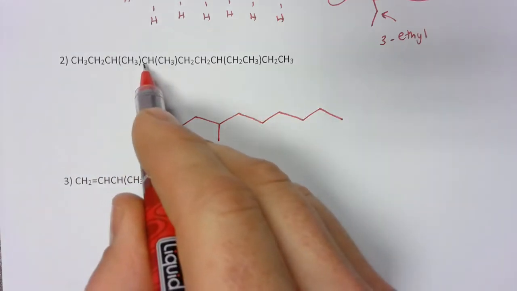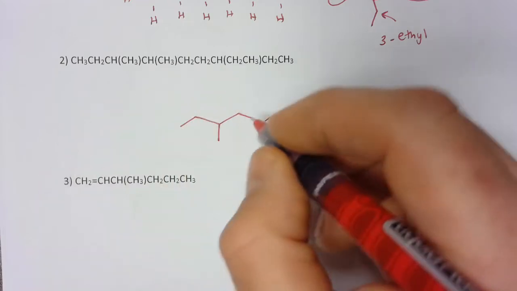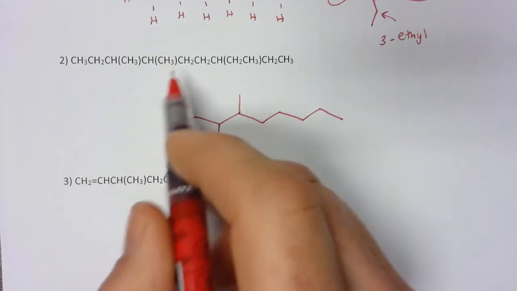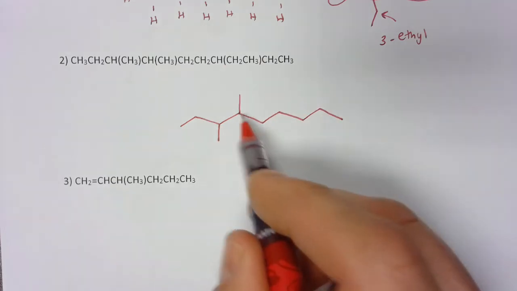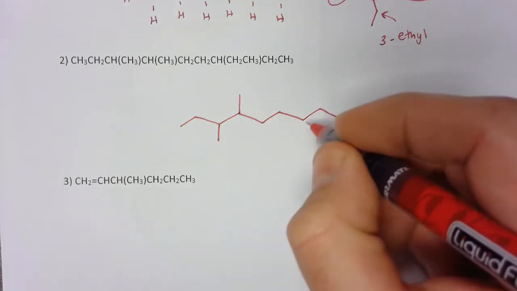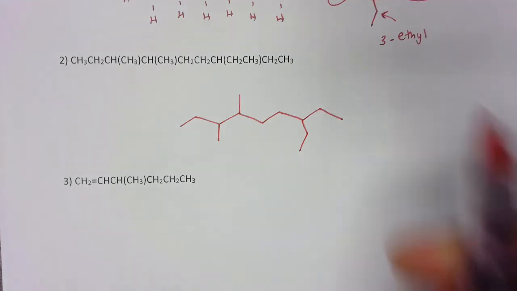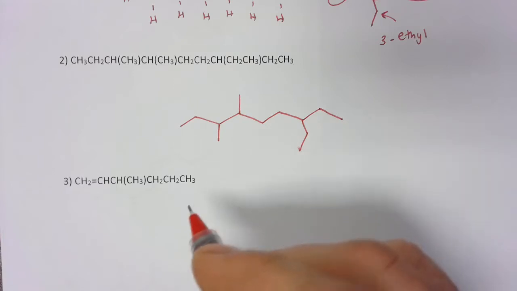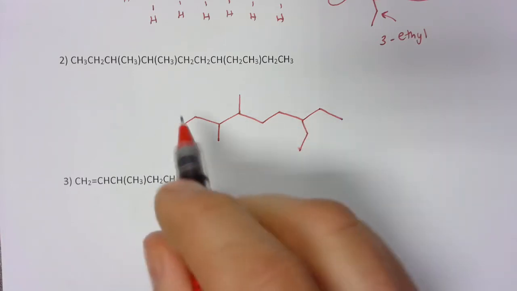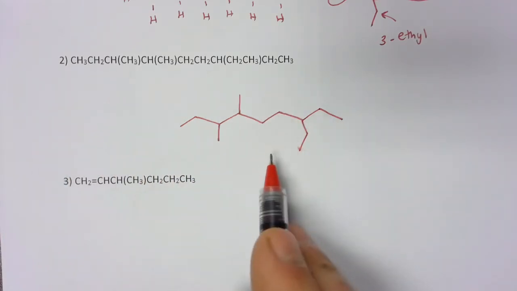The next one, the fourth one, has a methyl group. And then I go 1, 2, 3 carbons away from this one, and draw an ethyl. And then I have my final 2 carbons in the parent chain, 1, 2. Okay, so that's how you go from the condensed here to the skeletal.